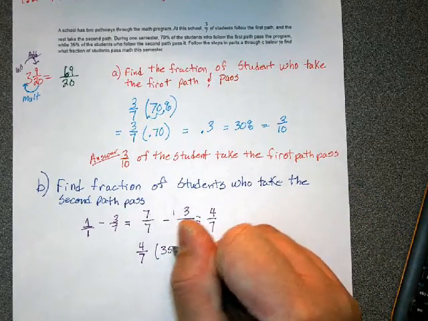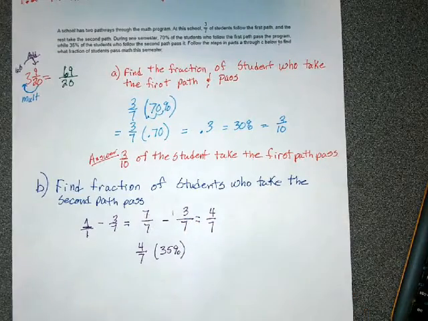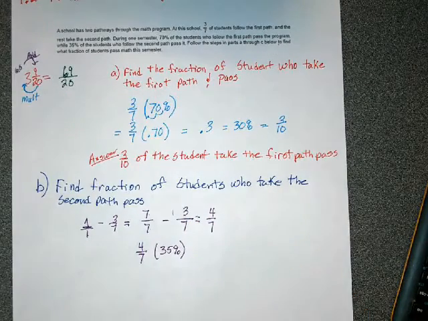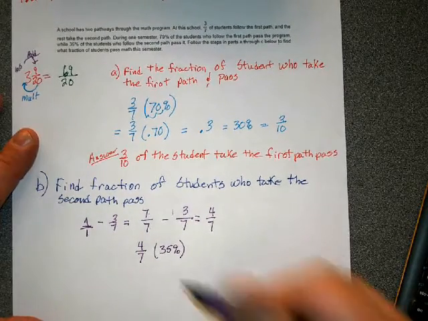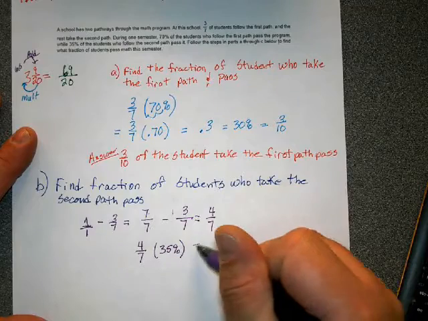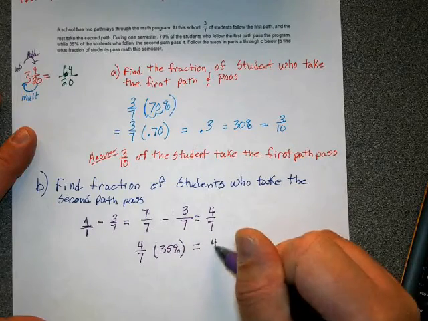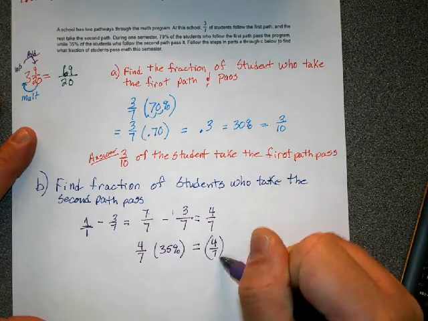Okay, so I'm going to change that to a decimal, right? So 4/7 times 0.35.